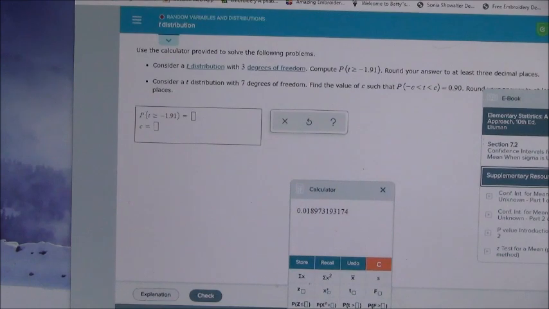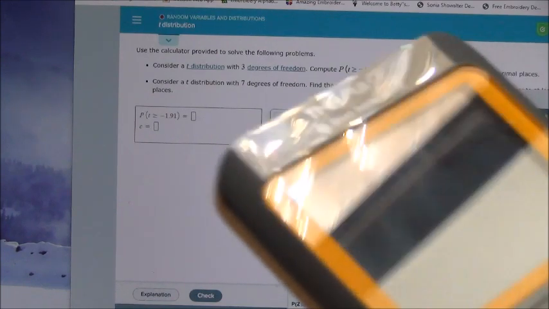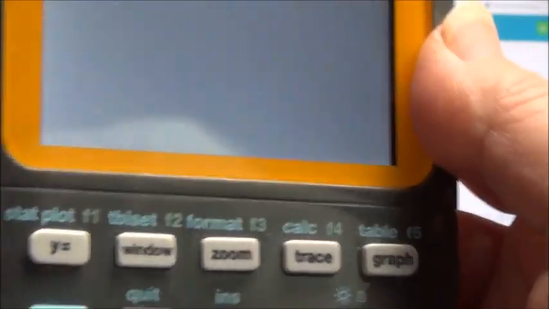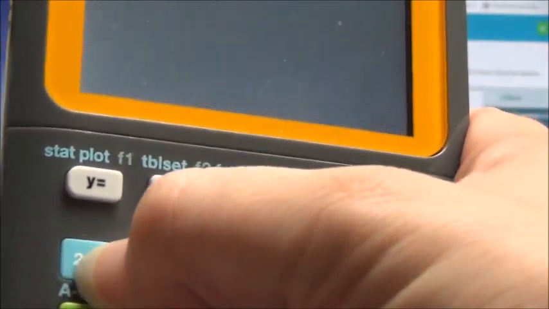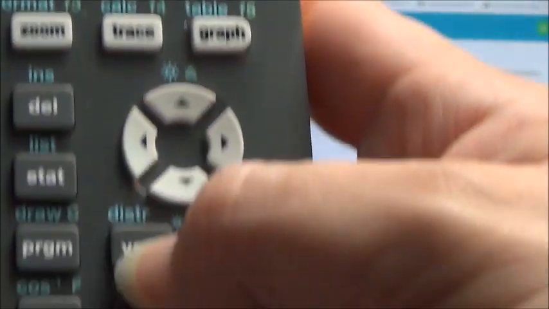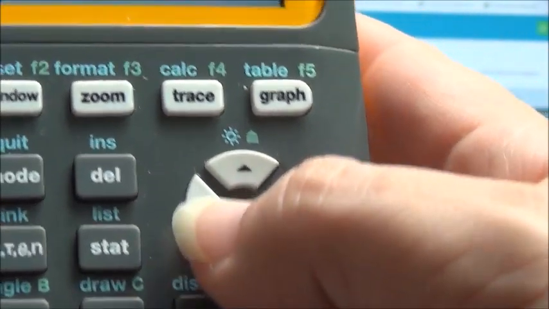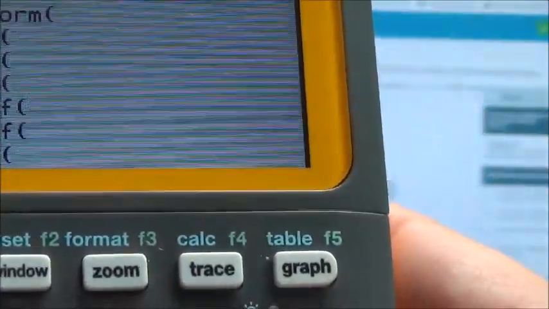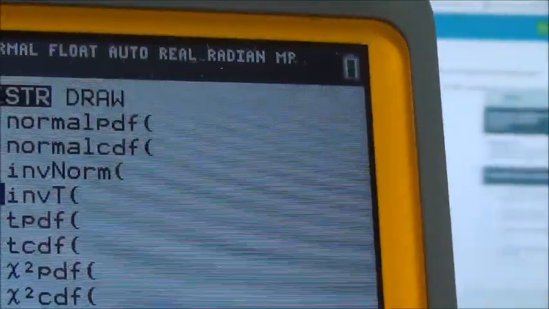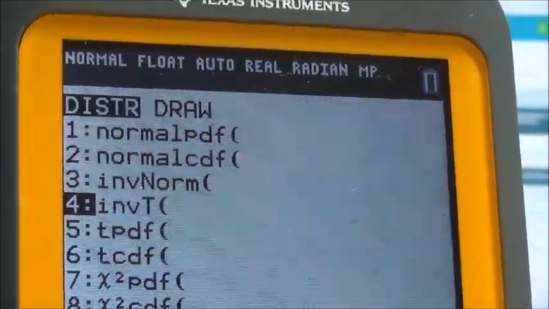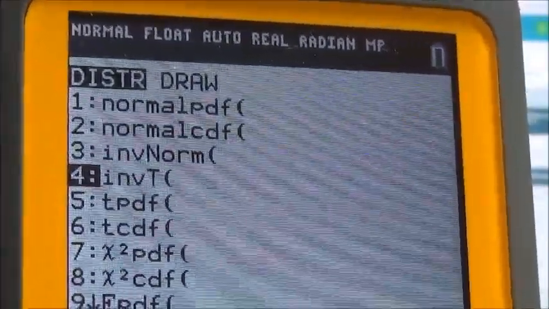So on my graphing calculator again, if I know the area under the curve, I'm going to do the second function button, which is the blue one, and then my VARS key to get my distribution menu, and I'm going to use inverse t. If you remember, with the z-score, we used inverse norm. For t, we just have inverse t.